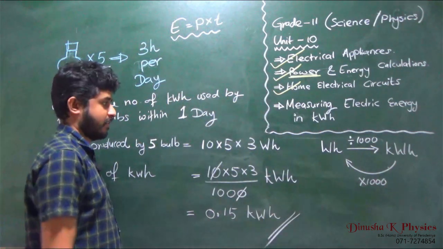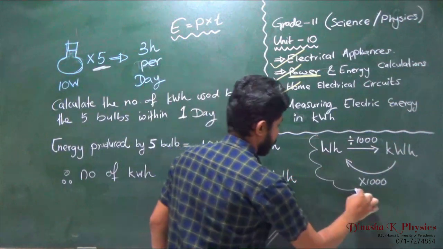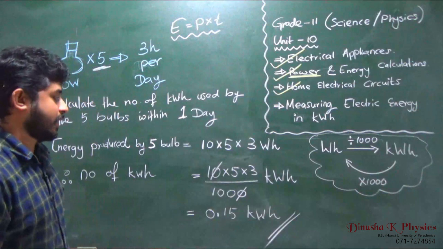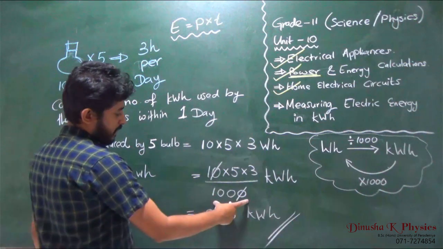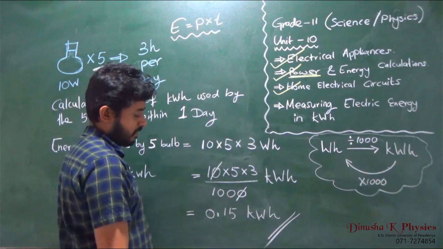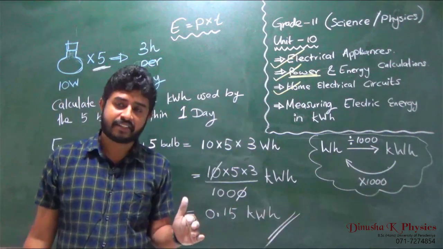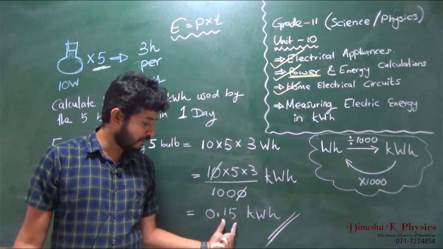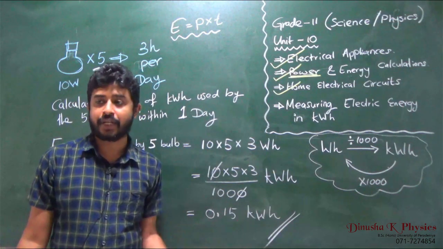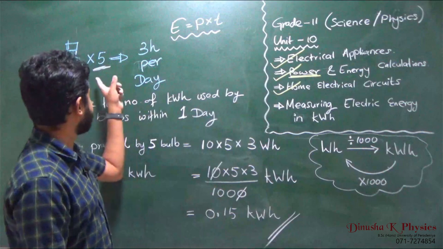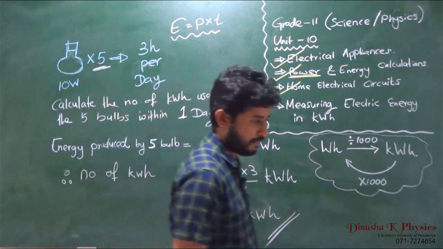So I divide by 1000 and get 0.15 kilowatt hours. That means on the electricity bill you will consume 0.15 units within 1 day due to these 5 bulbs, right?